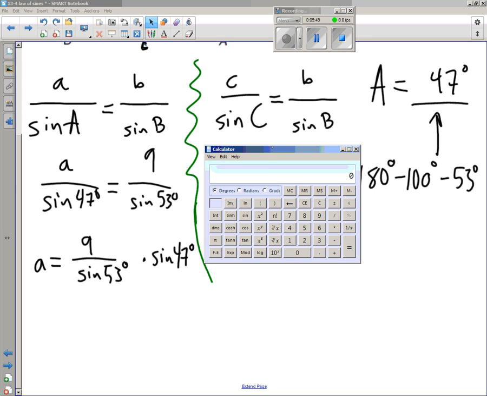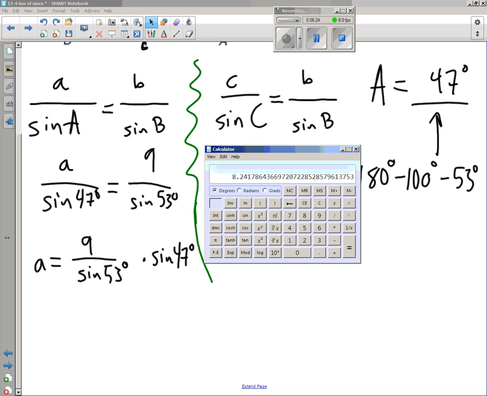So we do 9 divided by sine of 53. Notice I'm in degrees. And times sine of 47. This type of calculator that a computer has, you have to hit the angle first and then hit the sine button. There you go, 8.24. So A is approximately equal to 8.2.